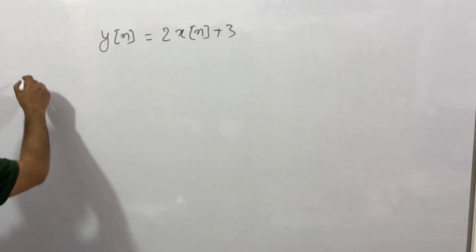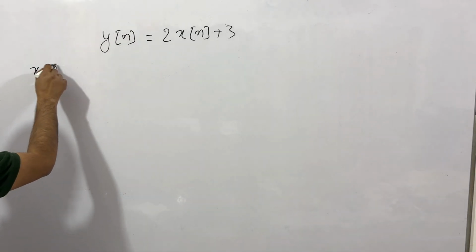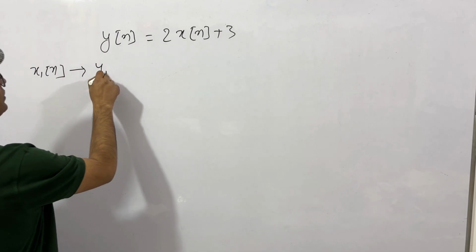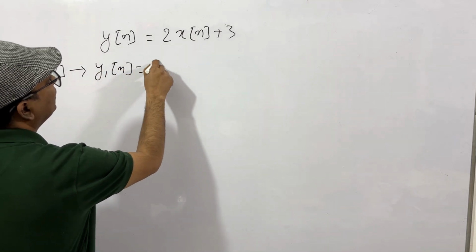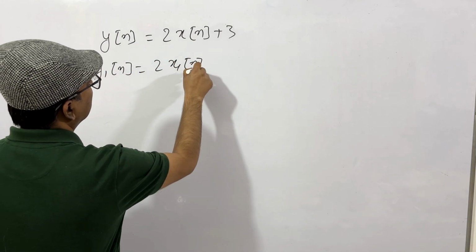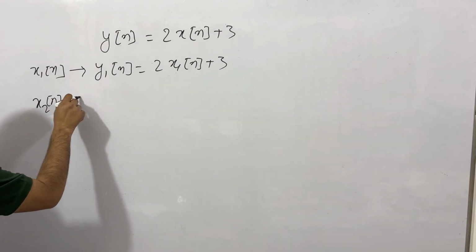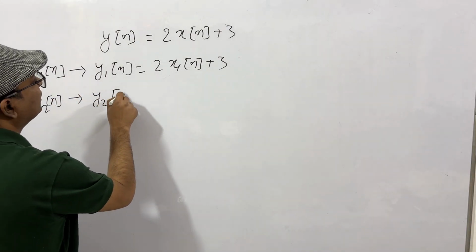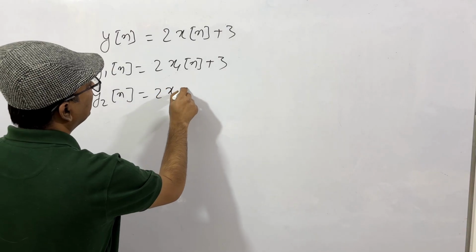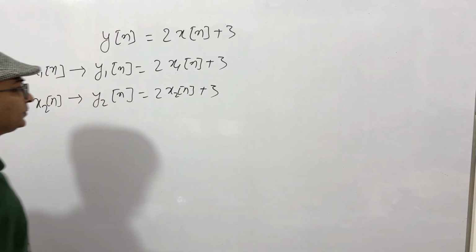Let's try out. If our input is x1(n), output y1(n) will be 2x1(n) plus 3. Okay. If it is x2(n), your y2(n) will be 2x2(n) plus 3. Very simple.